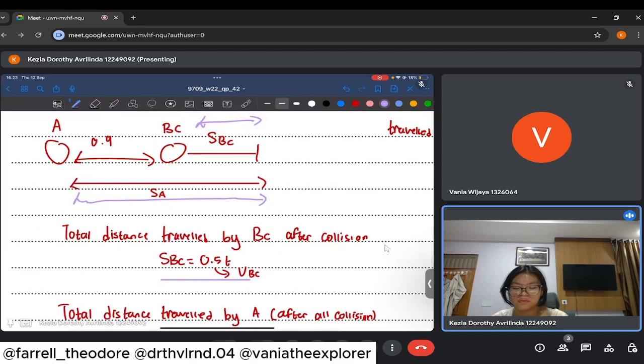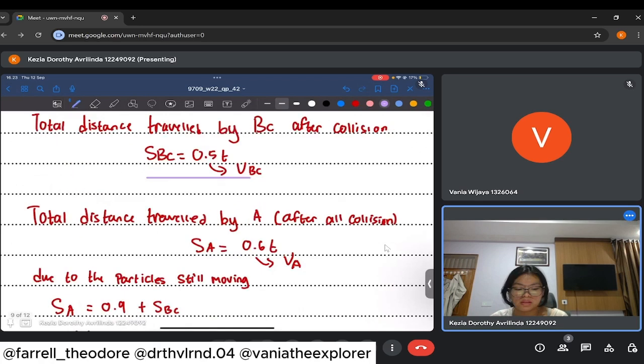For SBC is this, and for SA, the distance of particle A, it's 0.6 times T. We use the same substitution formula, just different in their velocity. Now, I think you would understand why. I wrote due to the particle still moving.